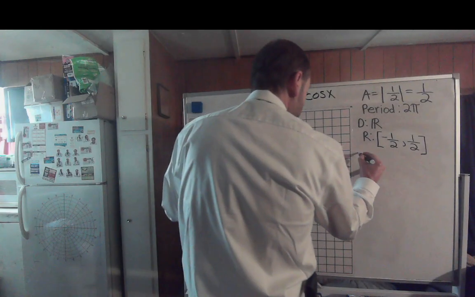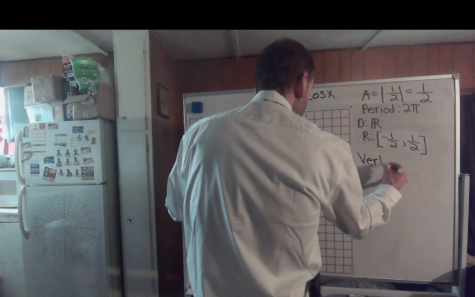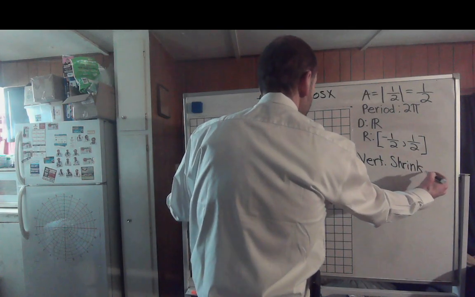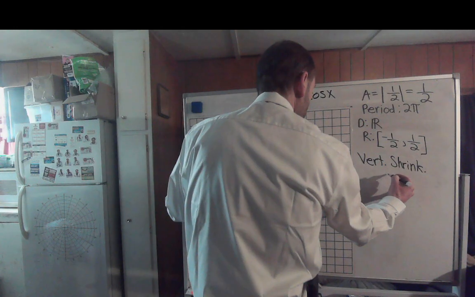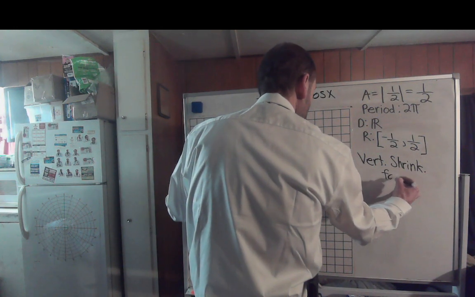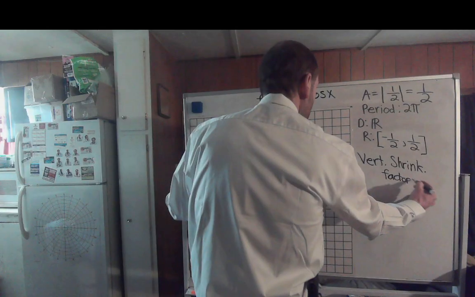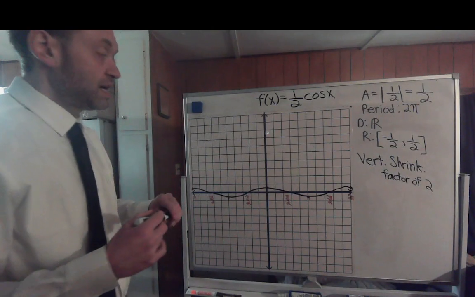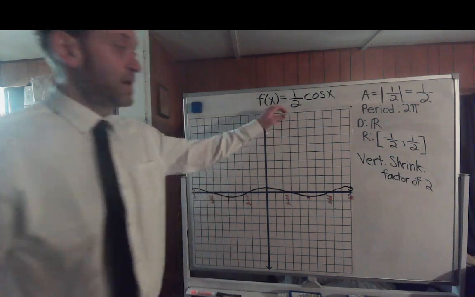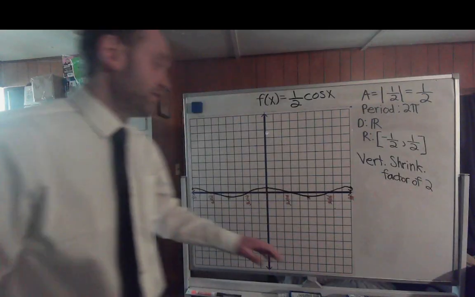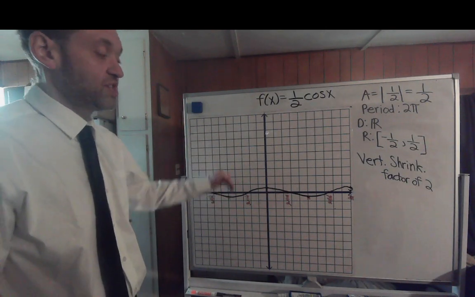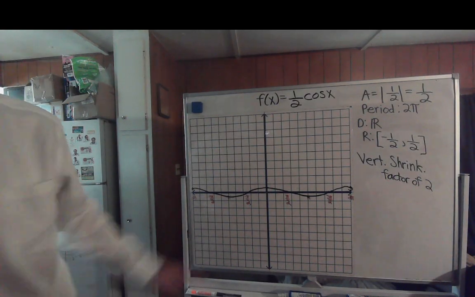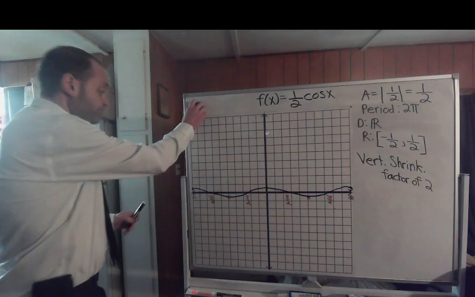So this is a vertical shrink. You actually have a vertical shrink by a factor of 2. So because the coefficient's 1/2, you have a vertical shrink by a factor of 2 because the range is half of what it normally is. And it tends to hug the x-axis more.